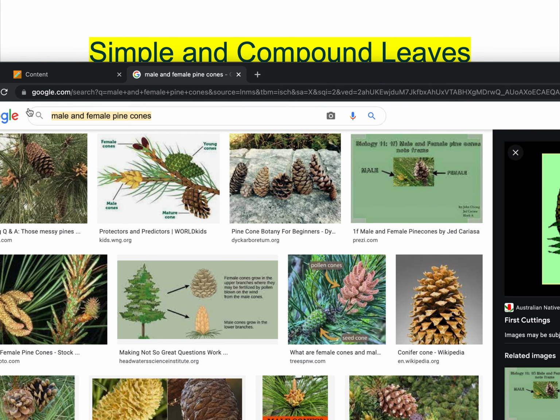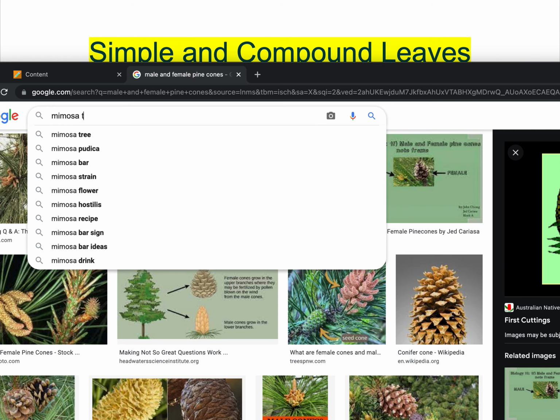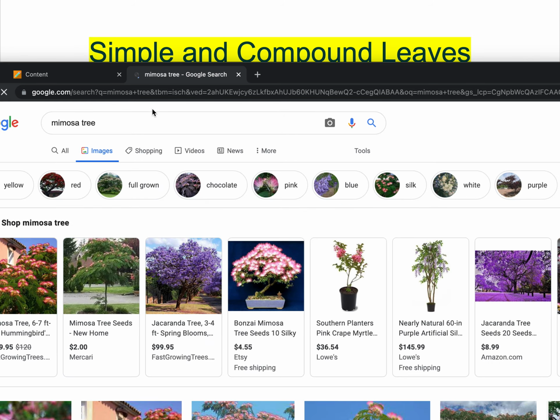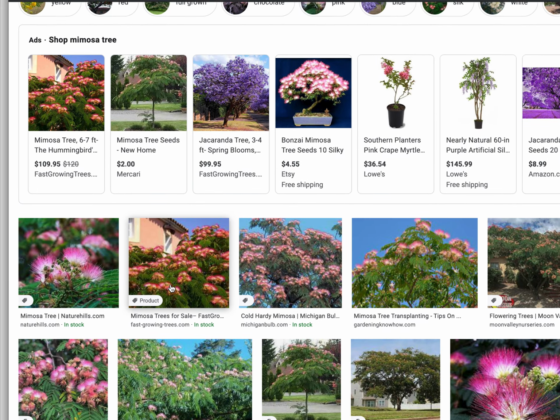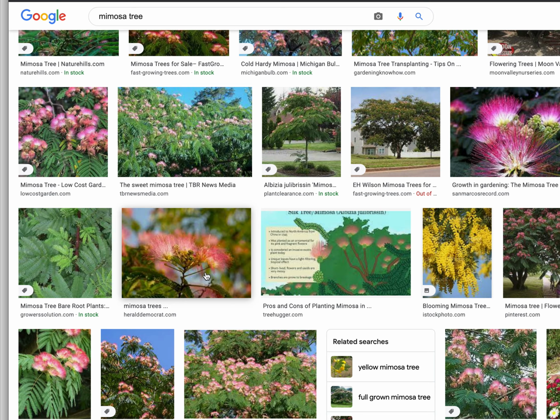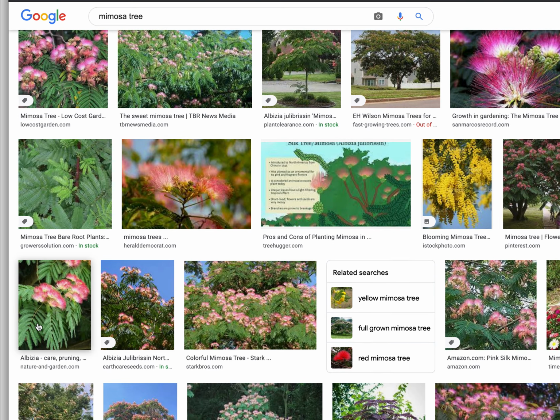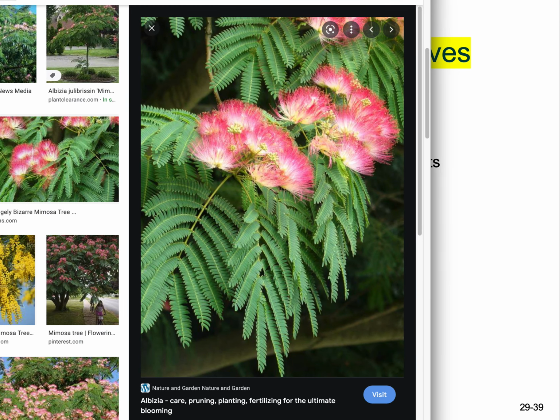Is it called a mimosa? Mimosa tree. Let's see. Yeah, it's a good one. But I don't know if I can see the leaves. That's pretty good. That'll do. All right, so this is a mimosa tree, really, really pretty.